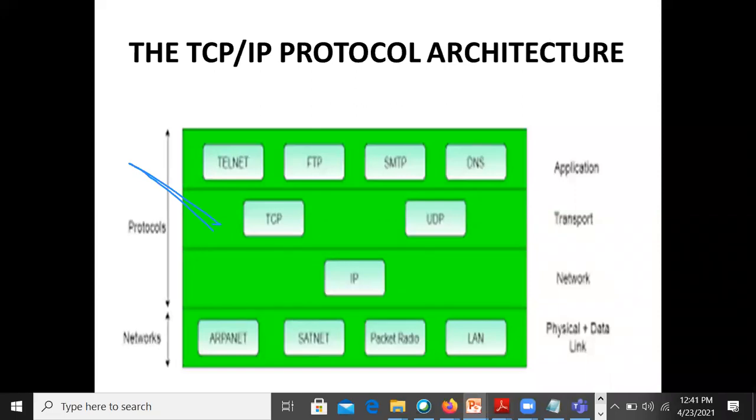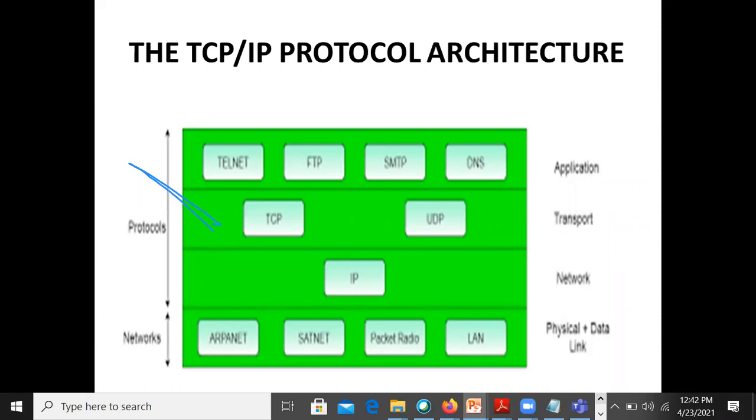Then coming to the next bottom layer, the network layer. Once it has decided how it has to be delivered, whether connection establishment or connectionless, and which application to which application, the next operation is what?